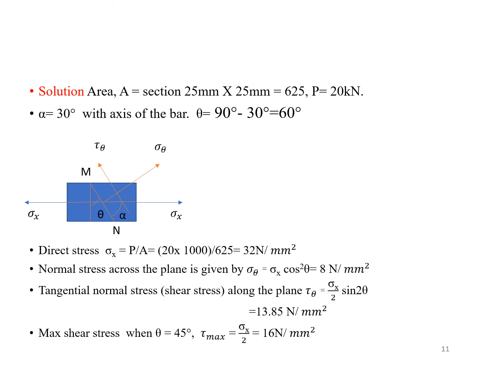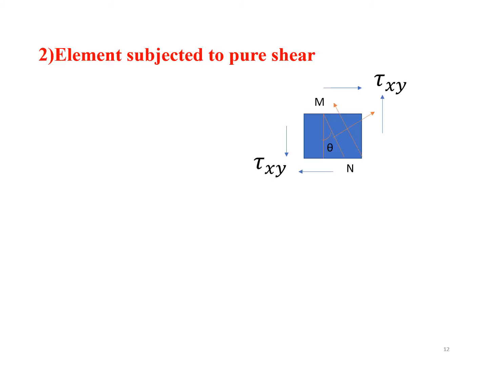If you substitute the values, you get 13.85 Newton per millimeter square. Similarly, for the maximum shear stress, theta becomes 45 degrees. You can find tau max is sigma x by 2, which comes out to be 16 Newton per millimeter square.